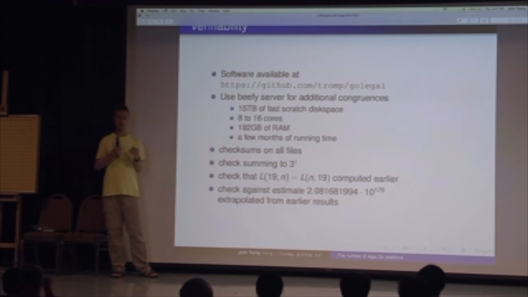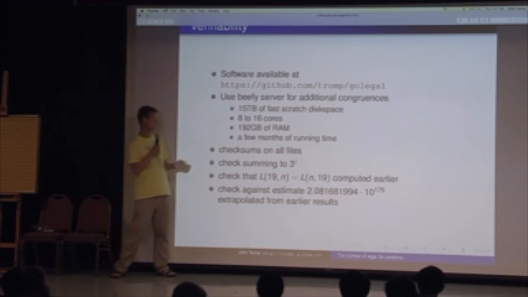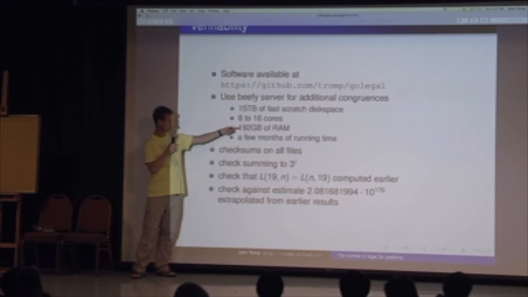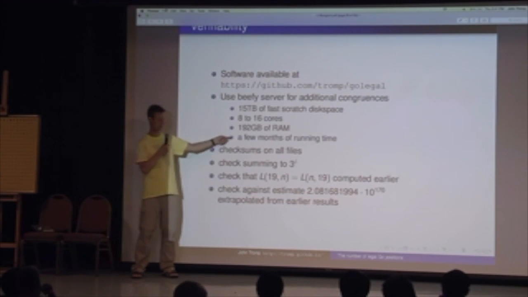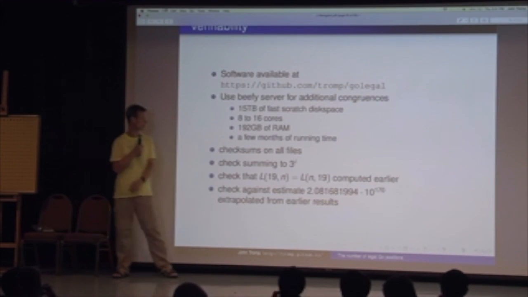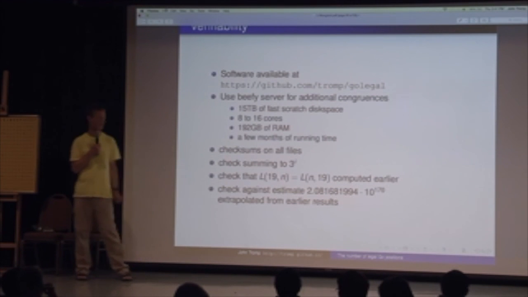If you have too little memory, then your memory fills up pretty quickly, and you end up having to write these files a lot, and then you end up with like 10,000 files, which is too much to be reading back all in parallel. It becomes too inefficient. But this is a good, healthy amount of memory to work with. And you need a few months of running time and a lot of patience.